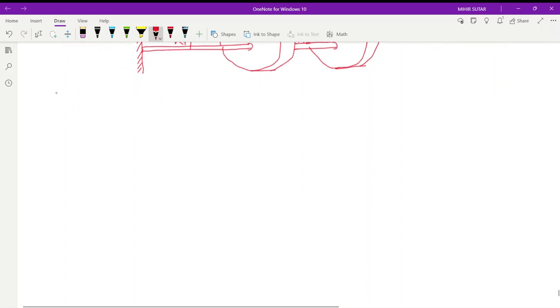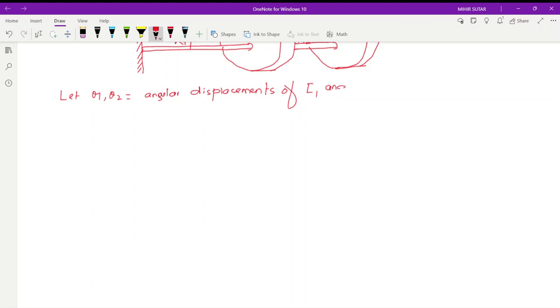Now let theta1 and theta2 be the angular displacements of I1 and I2 respectively. Okay.